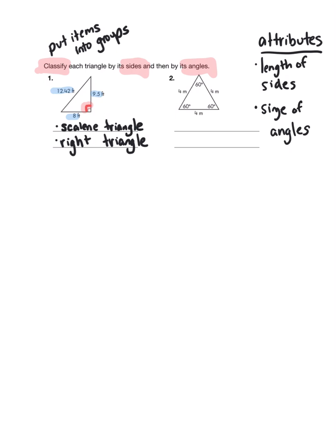Okay, now let's look at the second triangle. I can see that the length of each side is the same. What name can we give to a triangle that has equal sides? It's an equilateral triangle. The root word equi stands for equal or the same, and lateral stands for length or sides or lines.